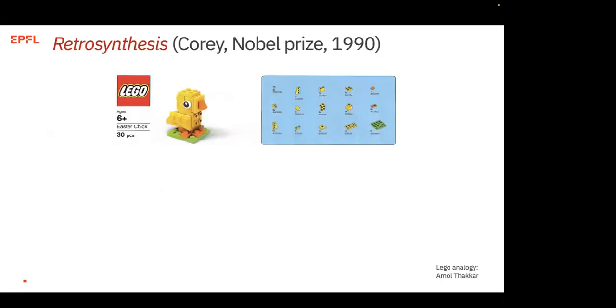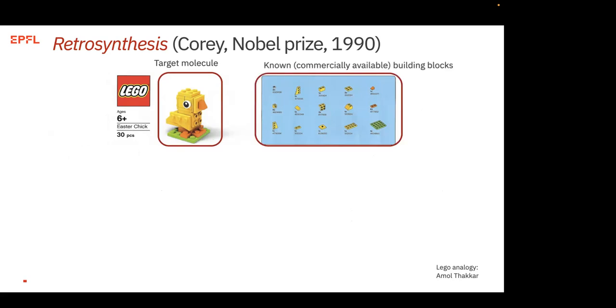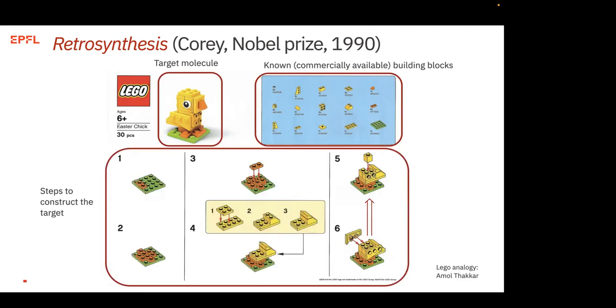And if we go to synthesis planning, one strategy that got the Nobel Prize in 1990 is retrosynthesis. In retrosynthesis, what we want is to go from a target molecule to the commercially available known building blocks. And we want to predict this route step by step backwards until we know the complete route.